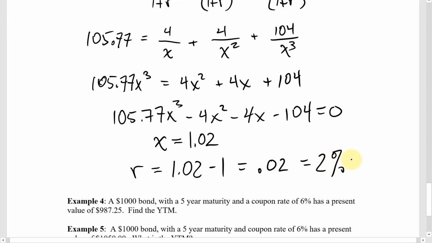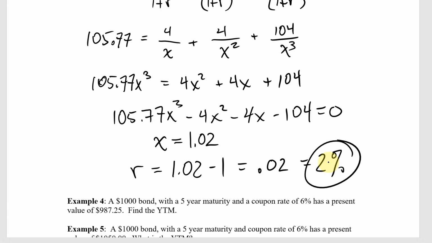So yeah, the yield to maturity is lower than the coupon rate. It's 2%. It would be a lower interest rate on the yield and a higher price as its present market value.